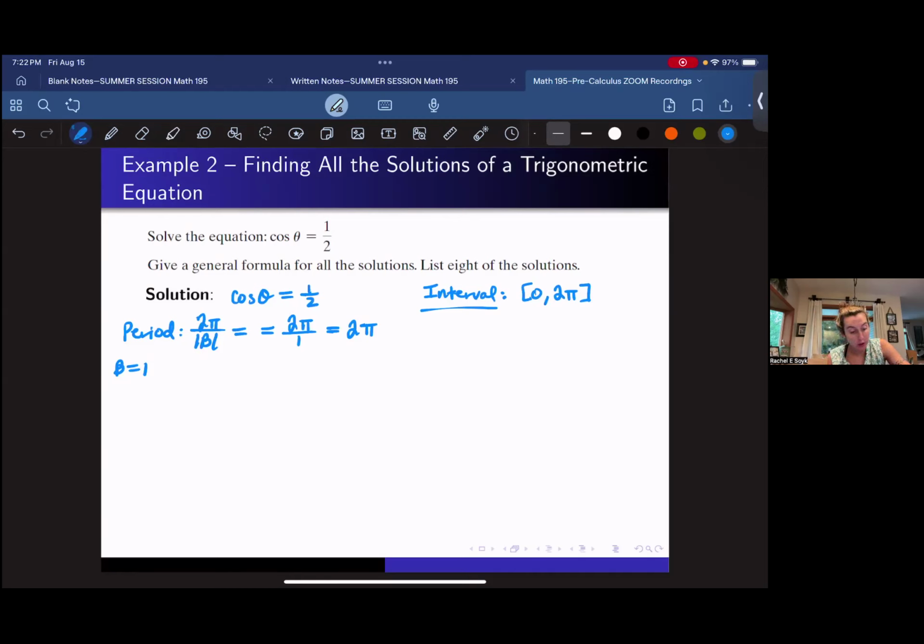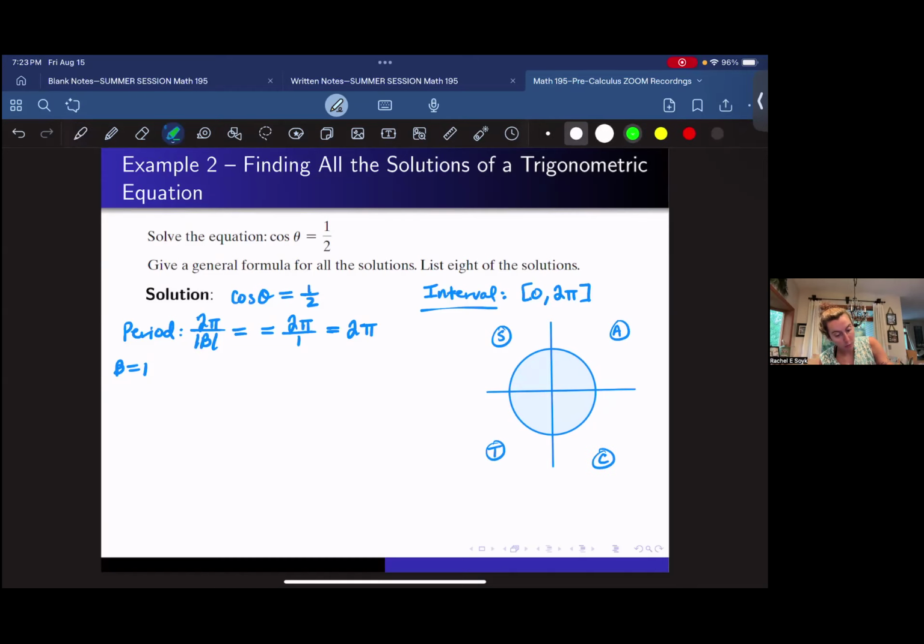And I'm going to draw out our unit circle off to the side here so that, again, we just have that visual image of, okay, if we're looking for positive 1/2 and we're dealing with the cosine function, then we're really highlighting all of our solutions in both our first quadrant, because everything's positive in our first, and our fourth quadrant, because all cosine related functions are also positive in that fourth quadrant.